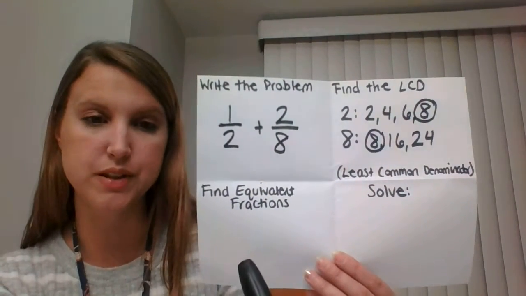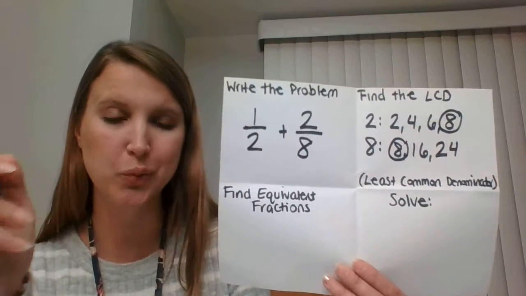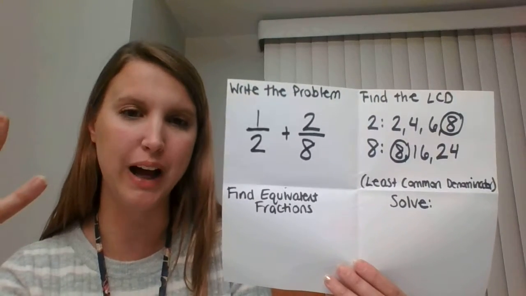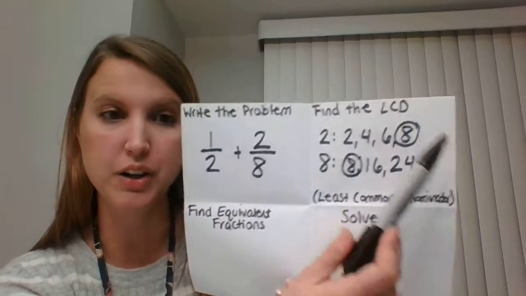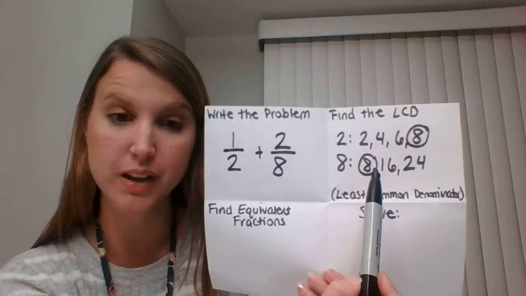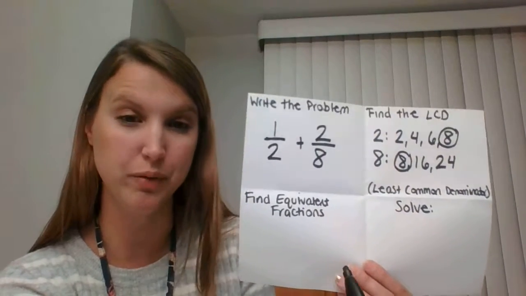All right, let's go down to here where it says find equivalent fractions. So with this process, we're applying a few different skills here. We are applying our knowledge of multiples, finding the least common multiple, and also finding equivalent fractions.